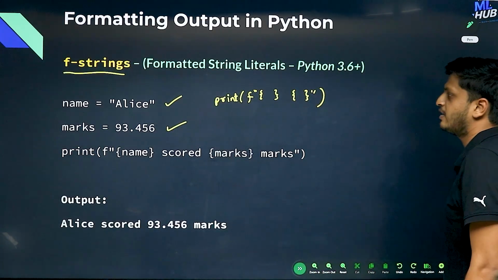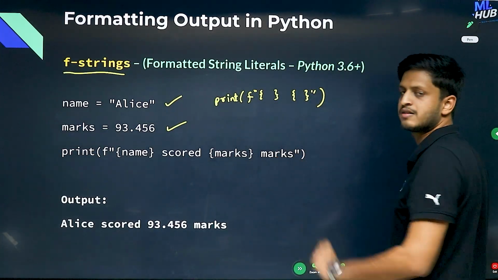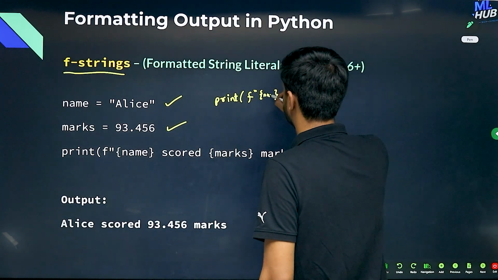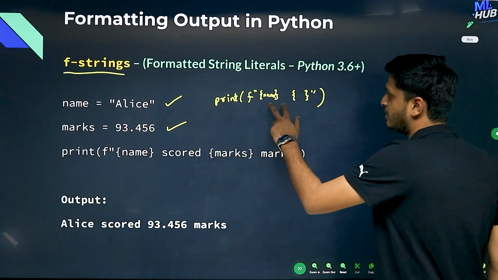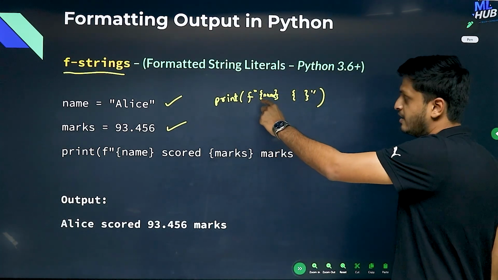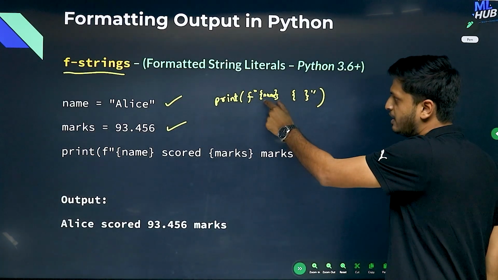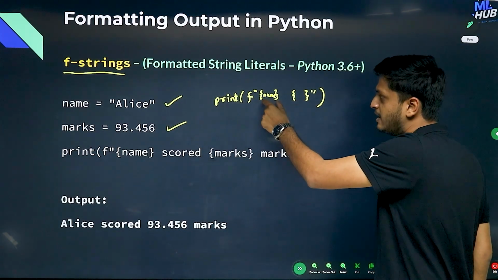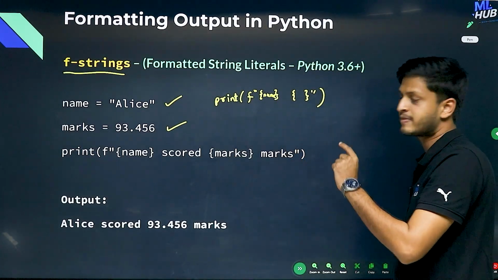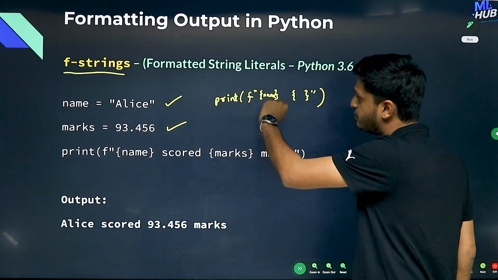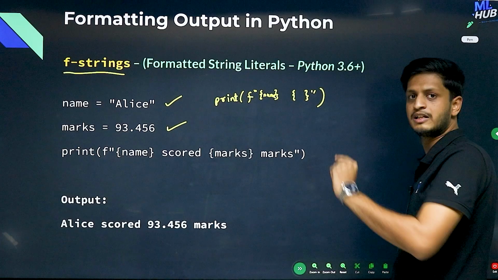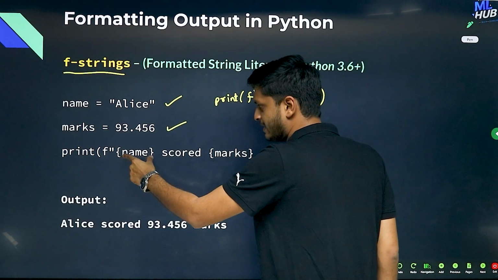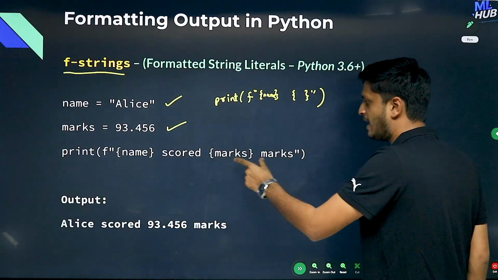If I write the variable name here, then inside a formatted string, if you have a curly bracket and a variable name inside it, it will not print the curly bracket or the variable name. Instead, it will print the value of this variable when printing the output. So here I have written curly brackets with name, scored, then marks.